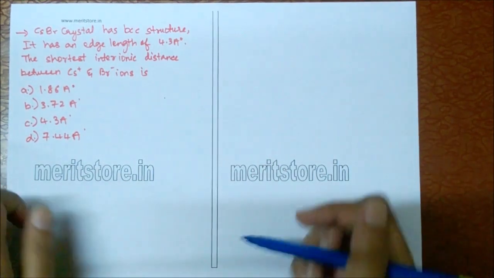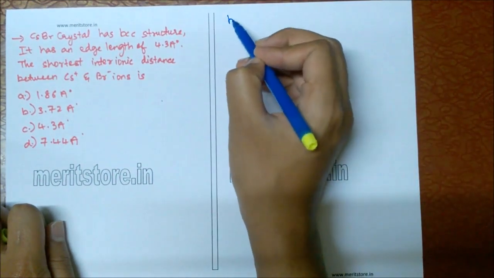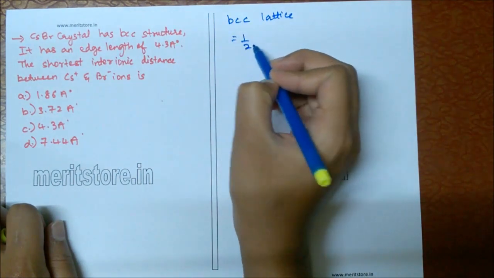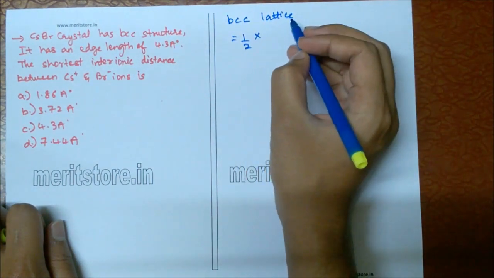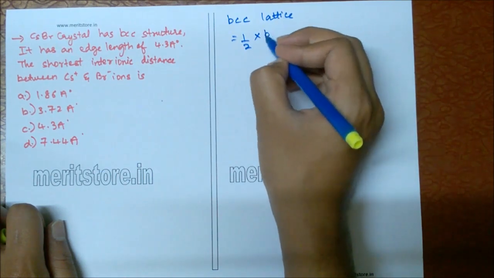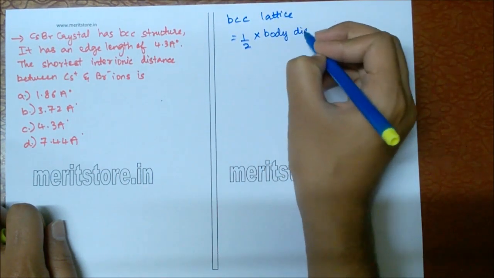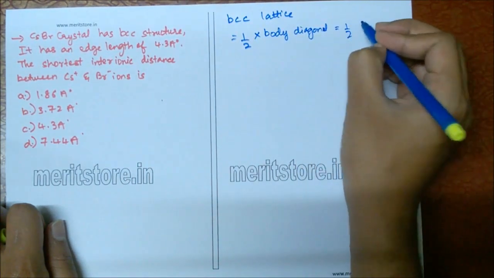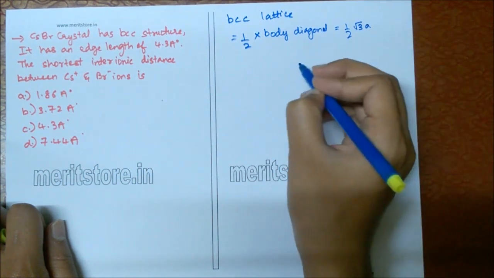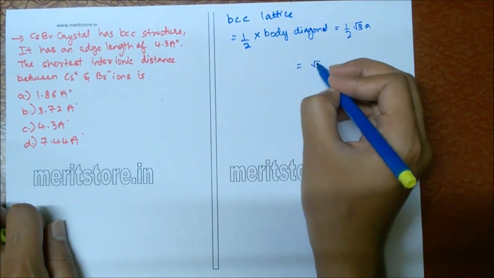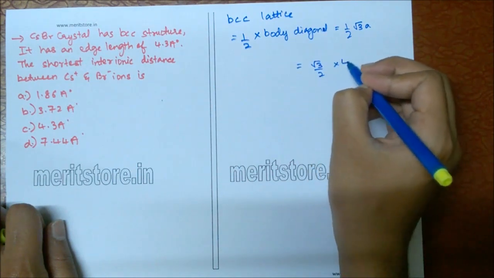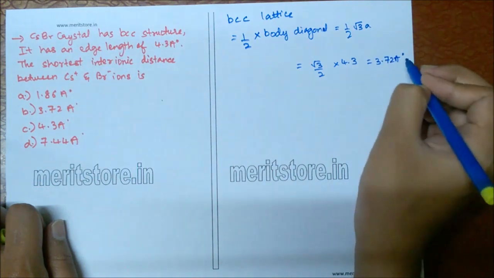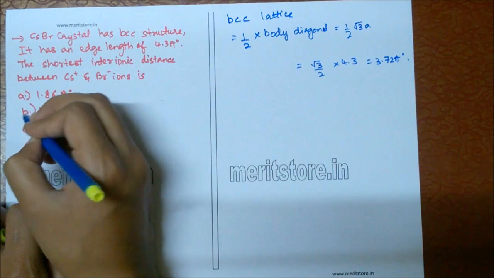So the closest approach in a BCC lattice is equal to half of the body diagonal, which is equal to (√3/2)a. Given the edge length is 4.3 angstrom, this is equal to 3.72 angstrom. So the closest approach will be 3.72 angstrom, option B.